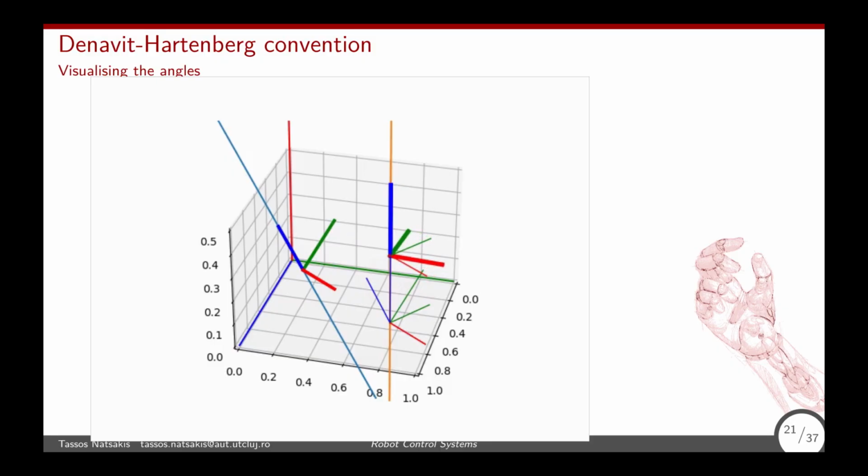And the translation and rotation always happen along the new frame, right? So I move along the x, and then I rotate around the new x, which is the same as the old x. But then I translate along the new z, which means I multiply the z transformation from the right. And then I rotate around the new z.